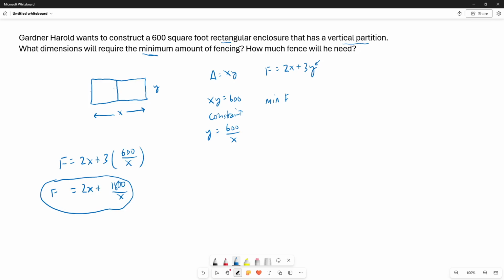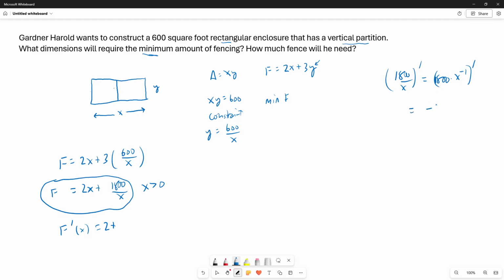So now we calculate the derivative, and we'll notice that x must be positive. x and y are at least 0, and since their product is positive, x is definitely positive. f prime is 2 plus the derivative of 1800 over x. 1800 over x is the same as 1800 times x to the power minus 1, so we use the power rule.